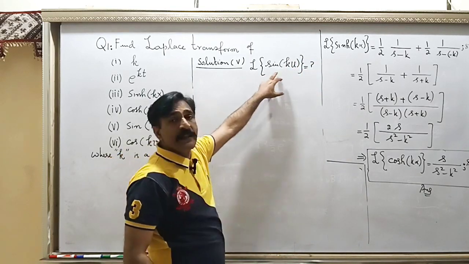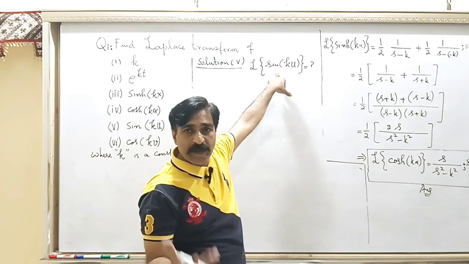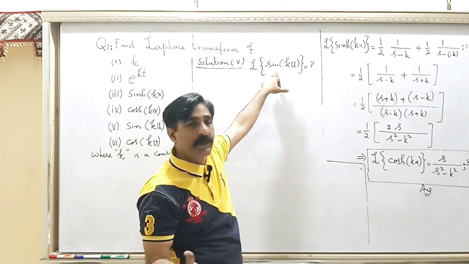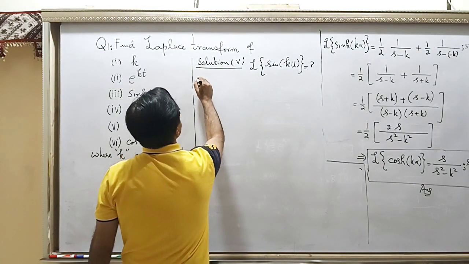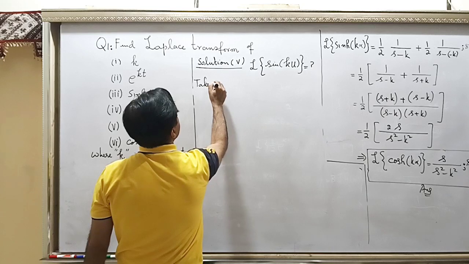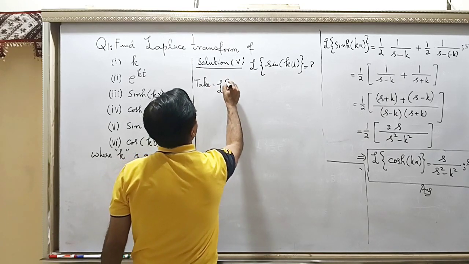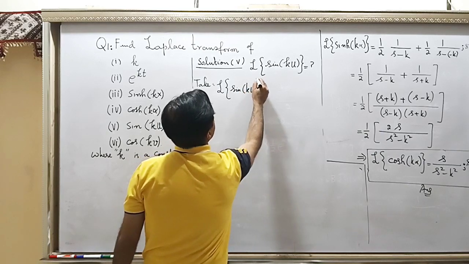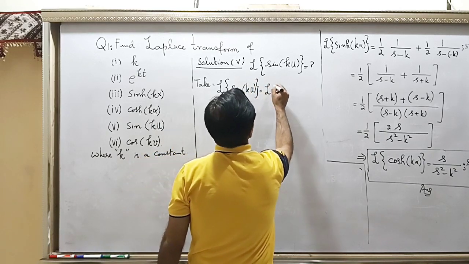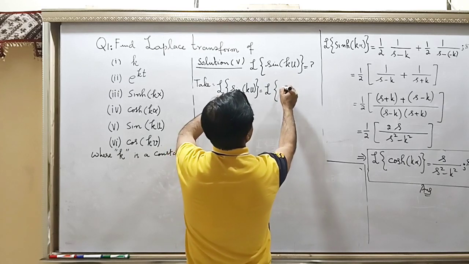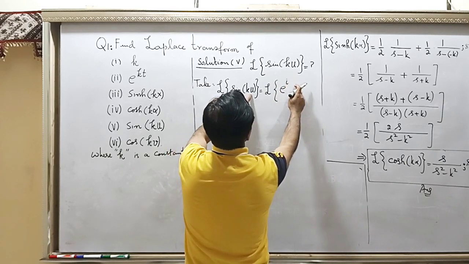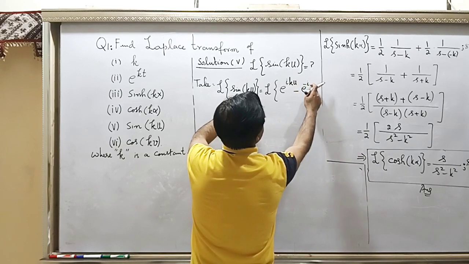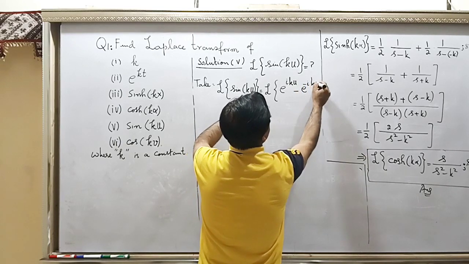Since the sine function can also be written in terms of exponentials, we do it because we know the Laplace transform of the exponential. So let's take the Laplace transform of sine of Ku, and it will be equal to the Laplace transform of e to the power I theta minus e to the power minus I theta divided by 2I, where theta is Ku.